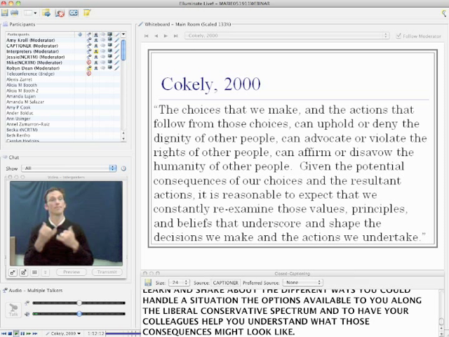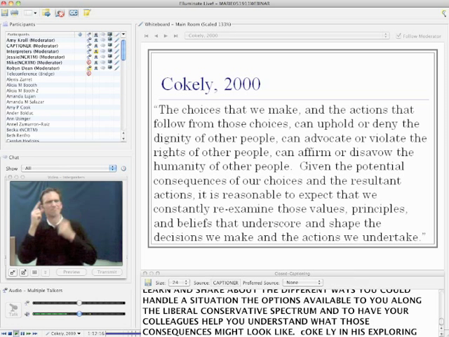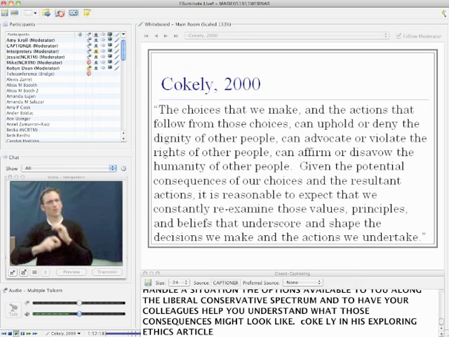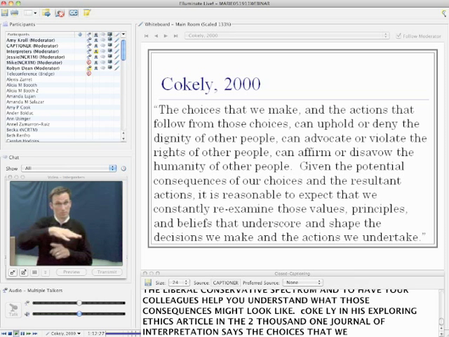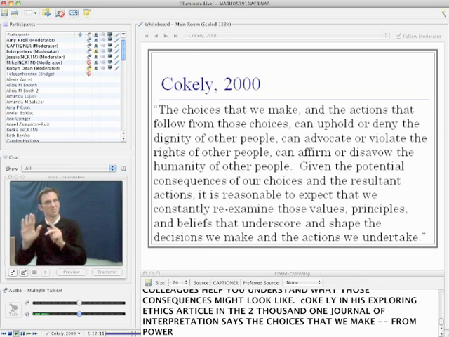Coakley, in his Exploring Ethics article in the 2001 Journal of Interpretation, says, the choices that we make and the actions that follow from those choices can uphold or deny the dignity of other people, can advocate or violate the rights of other people, can affirm or disavow the humanity of other people.